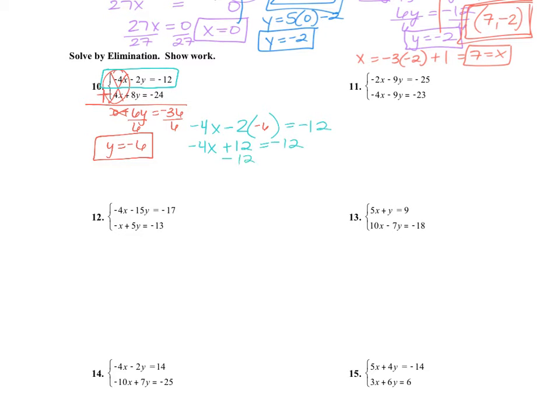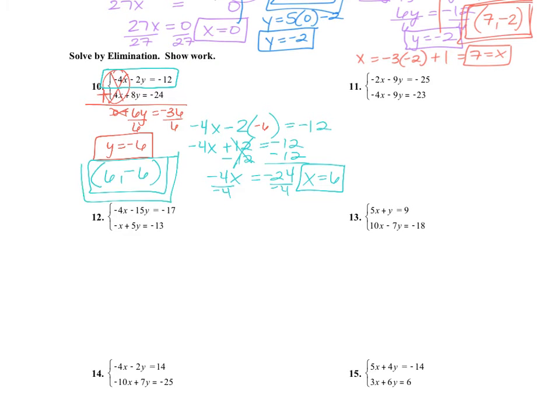We're going to take that 12 away. So -4x equals -24. Divide by -4, and we get x equals 6. So our answer is going to be the point 6, -6 for that system.